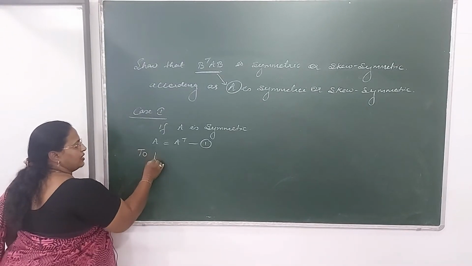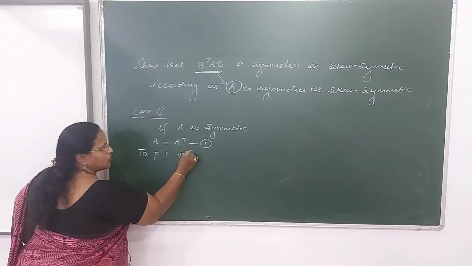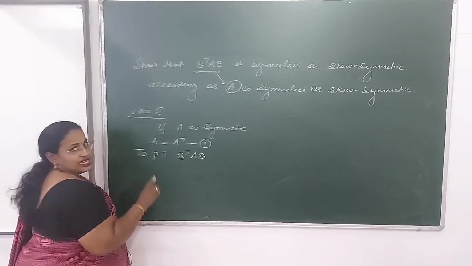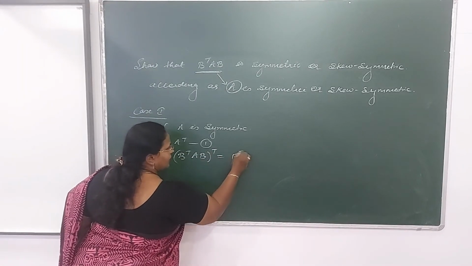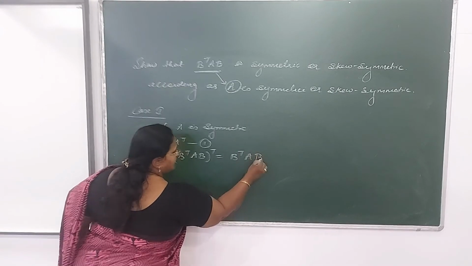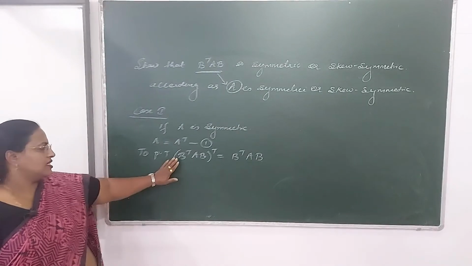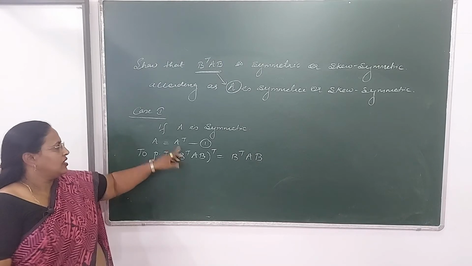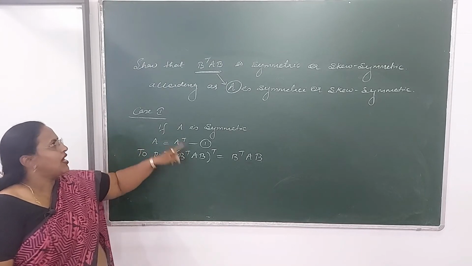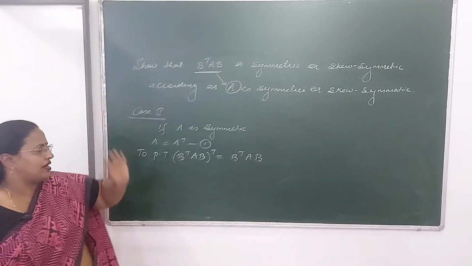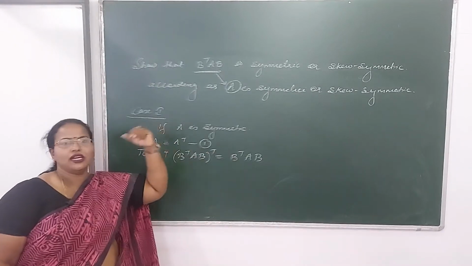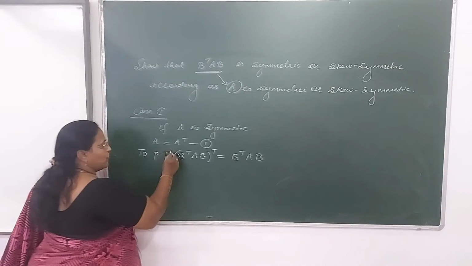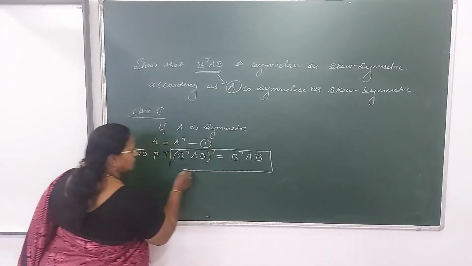So to prove that B transpose AB is symmetric, its whole transpose will be equal to B transpose AB. If A is symmetric, you have to prove that B transpose AB is also symmetric. Symmetric means its transpose should be equal to that only. So this is what you have to prove.